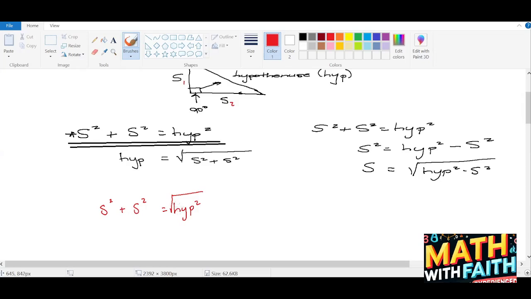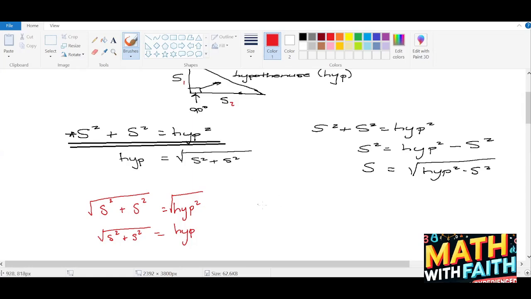But I can't just do that here. Whatever I do on one side, I must also do on the other side. So in effect, the square root of side squared plus side squared is equal to the hypotenuse, right? So in other words, you do the opposite thing on the other side to remove whatever is on this side.